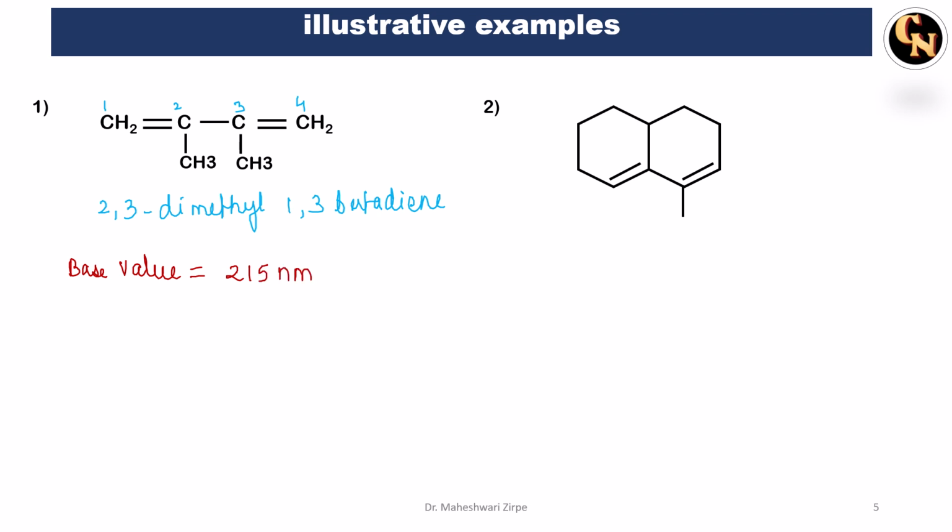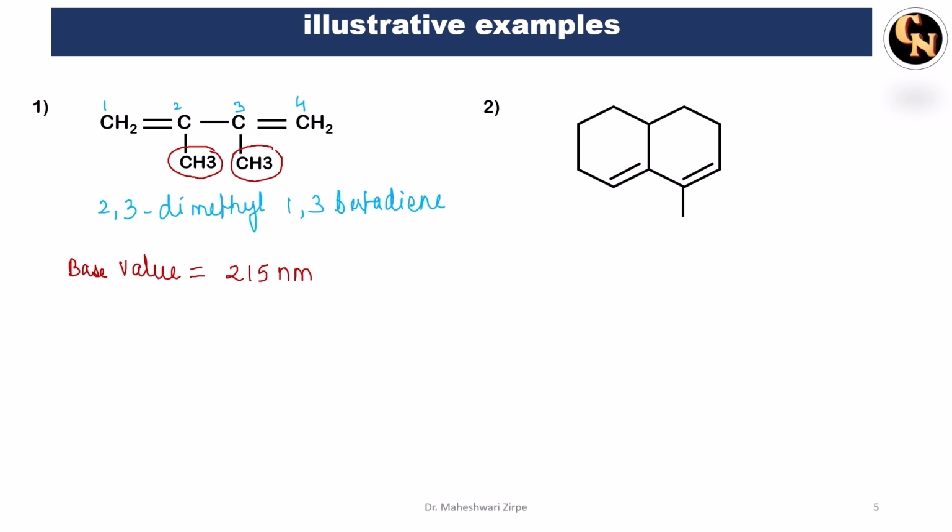Next, you can see, for the olefinic carbons, how many substituents are there? The second carbon and third carbon are olefinic carbons, where you can find alkyl groups. These are your alkyl groups, CH3 and CH3.